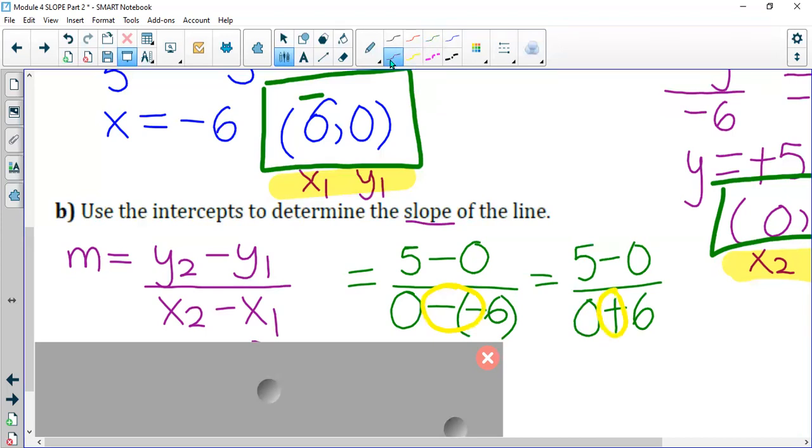So my final answer for slope is going to be positive 5 over 6. Does that make sense to everyone? So when you're dealing with negative numbers, you have to be super careful because you have the formula which says subtract, but the two double negatives do turn into a positive. That's something to watch out for when you're doing questions like this.